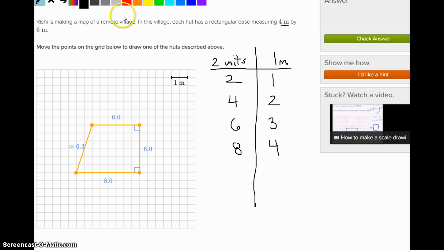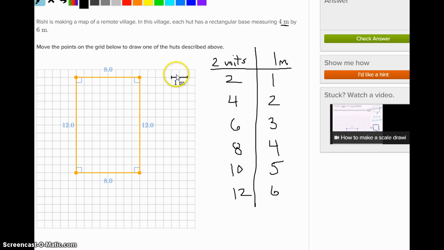The other side is 6 meters, so I know that if I have 10 units, that means I have 5 meters, and if I have 12 units, I have 6 meters, because it's 2 units for every 1 meter. So now the first side is 8, the second side is going to be 12.